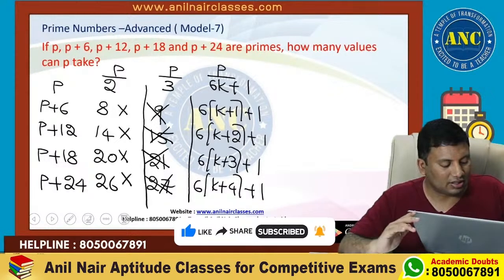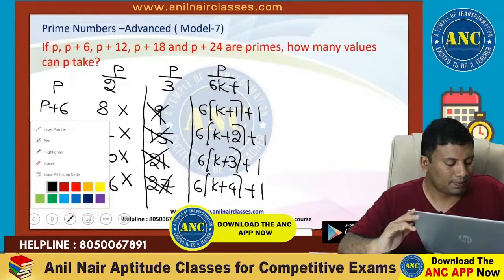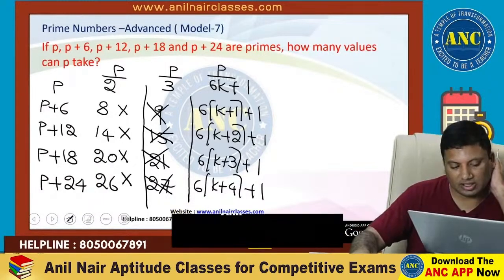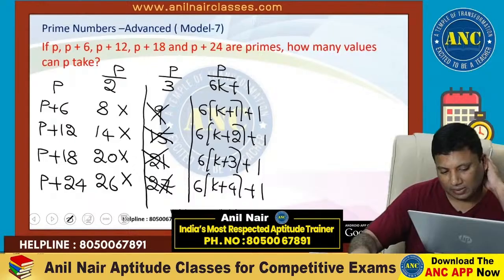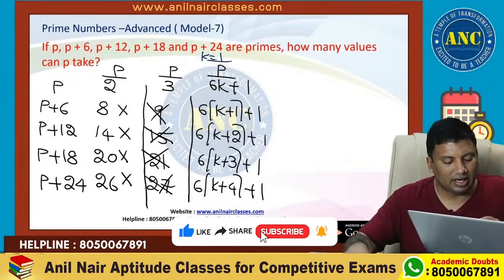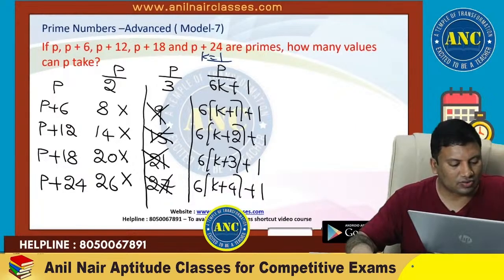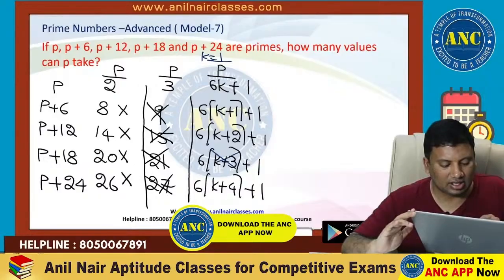Now see here, listen carefully. 6k plus 1. Suppose I put k value 1, p value will become 7. 7 plus 18, 25. This case is not possible.